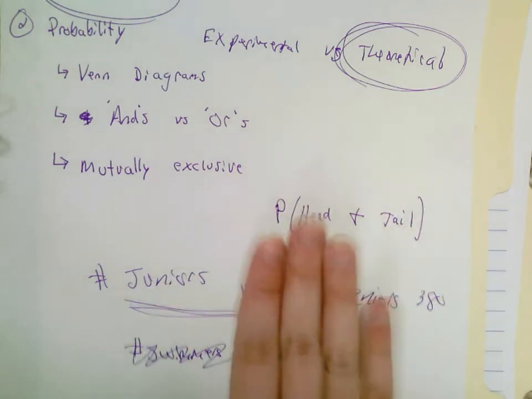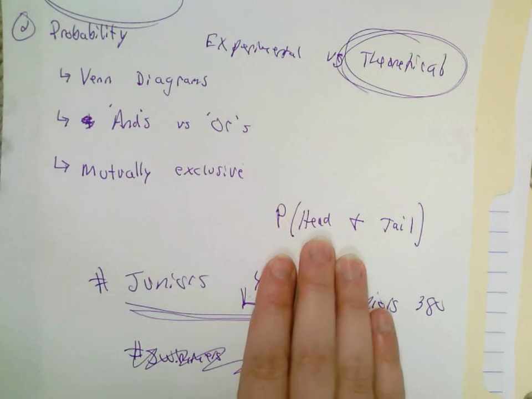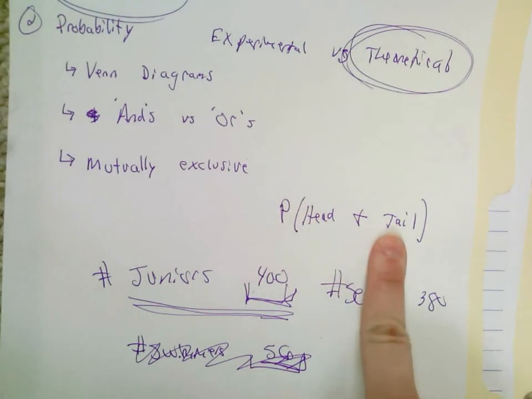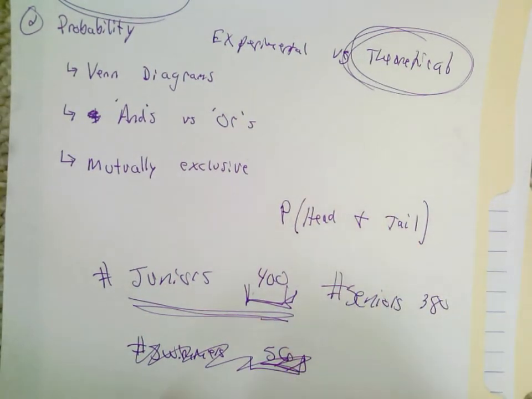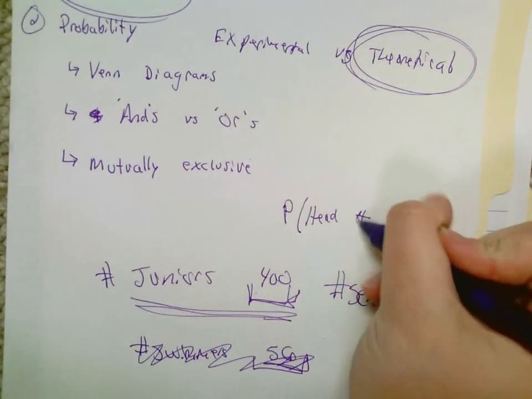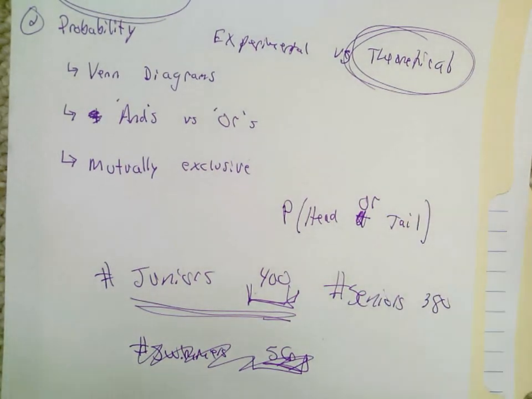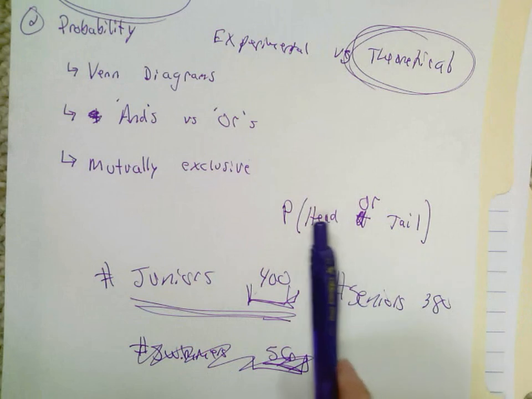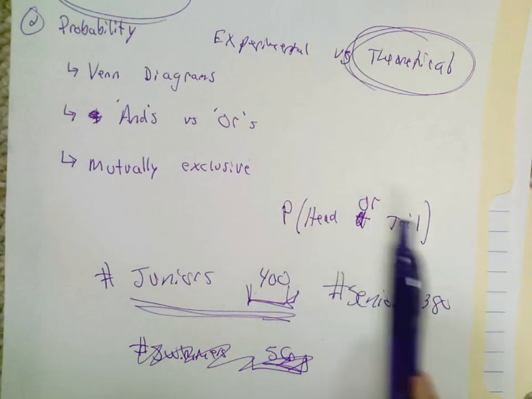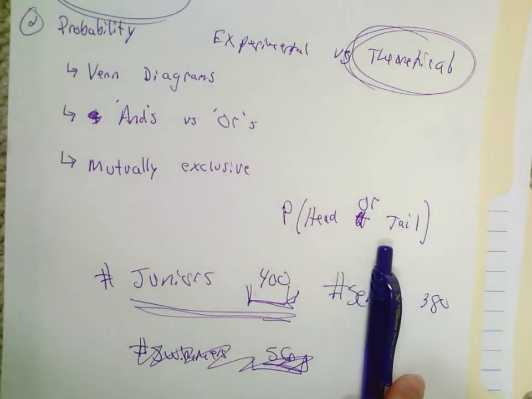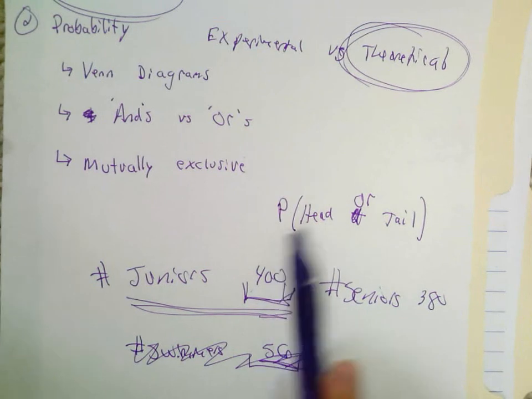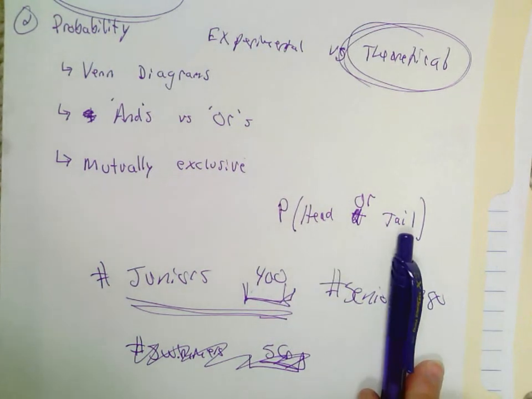No. That circumstance is not possible. I can't flip a heads and a tails at the exact same time. But what's the probability of one or the other? That's a different situation. That's where you take the probability of one and add it to the other.